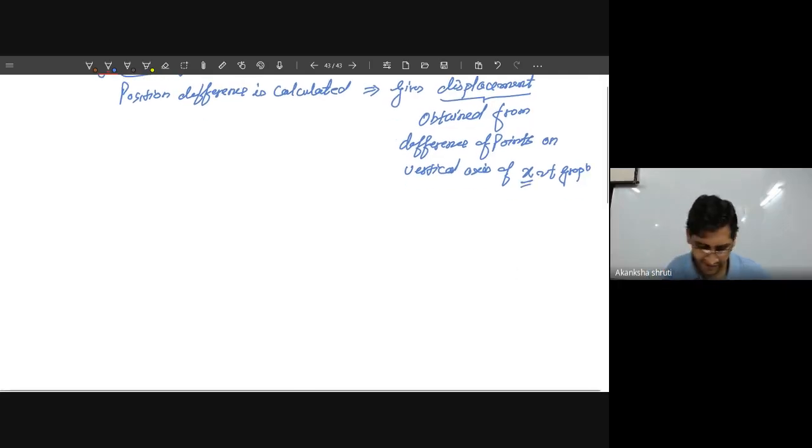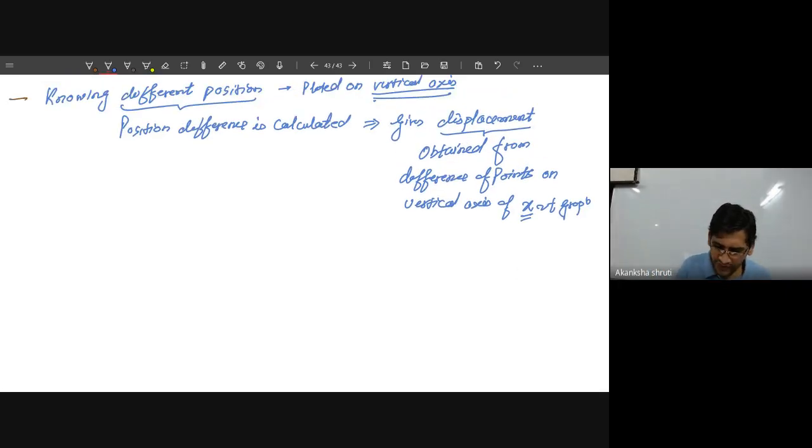Okay, so this x we have obtained. So knowing the position, we can calculate the displacement.